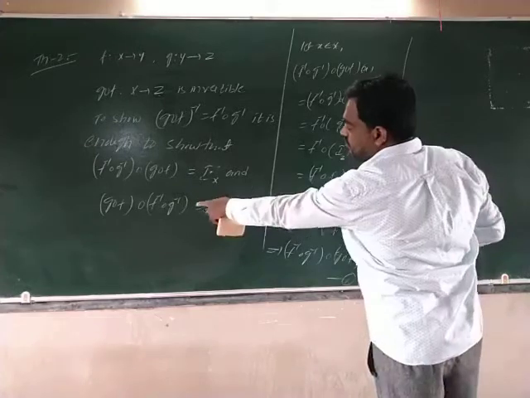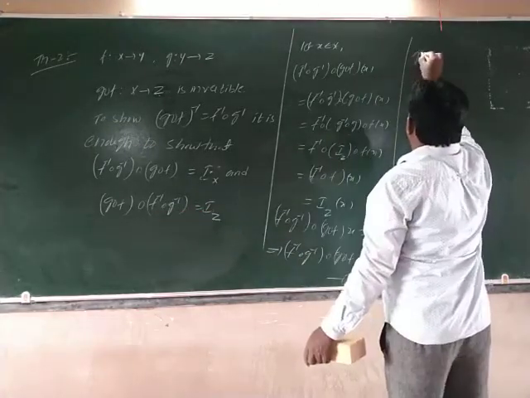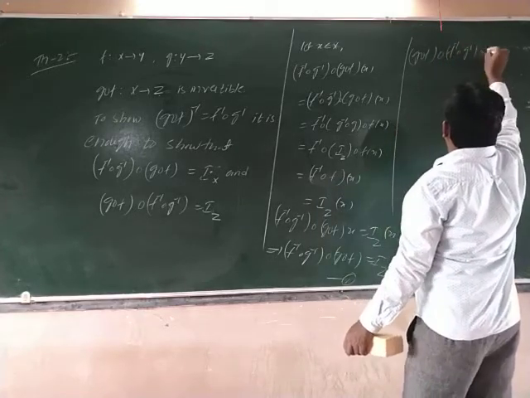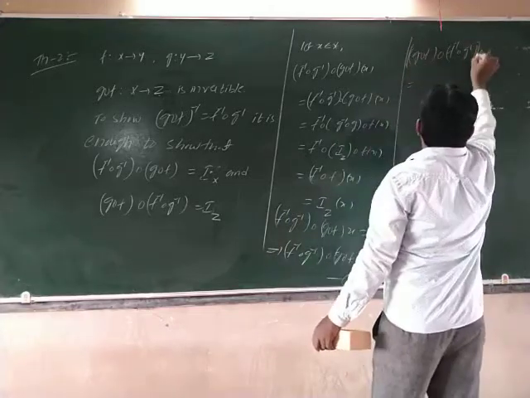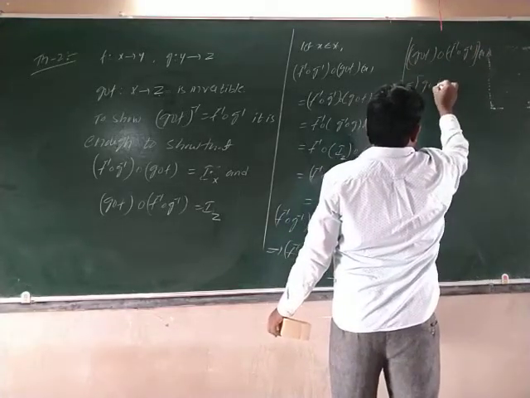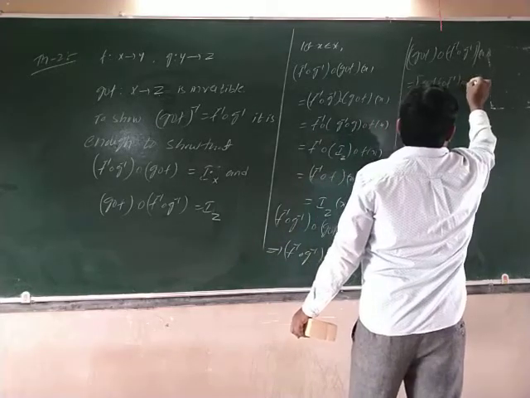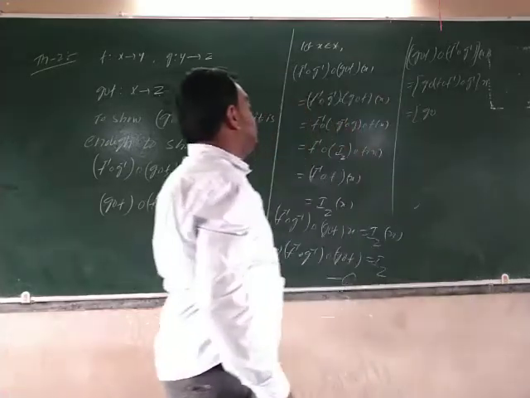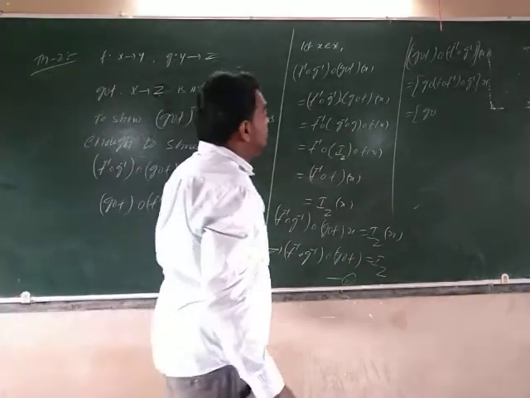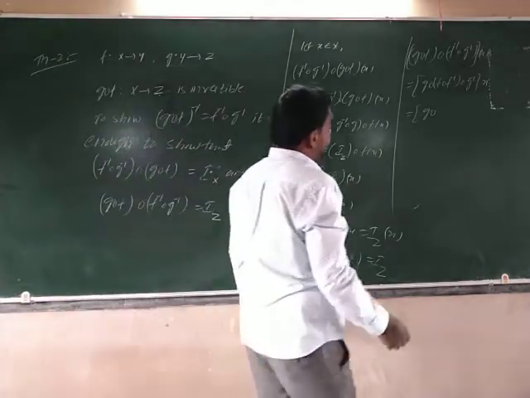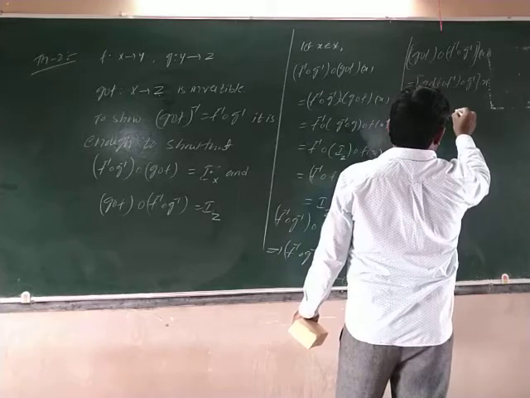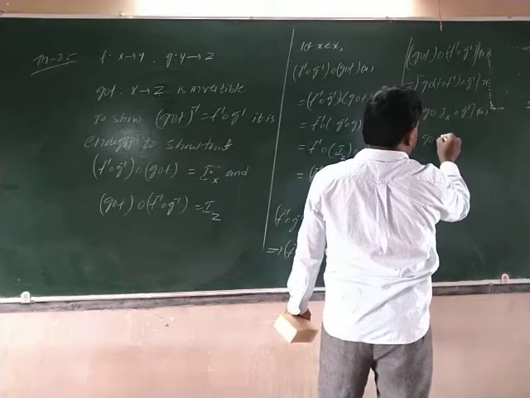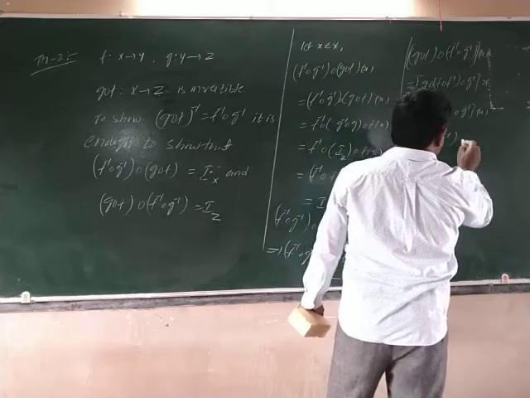Next one, you take this one. What is that? G circle F circle F inverse circle G inverse of x. So this is equal to G circle of F circle F inverse circle G inverse of x. Here F circle F inverse is equal to I_Y. This is I_Y circle G inverse of x, which is equal to G circle of G inverse of x.